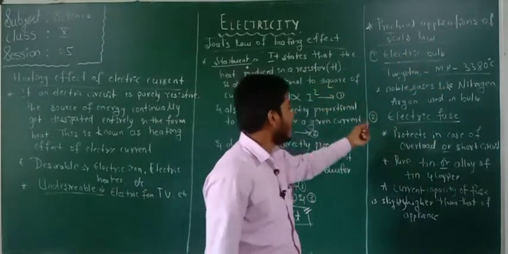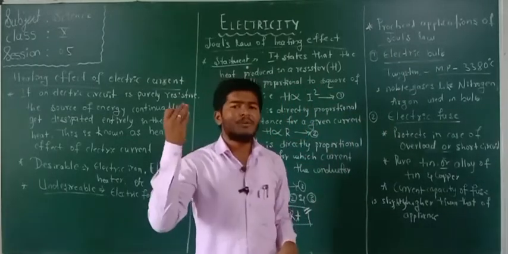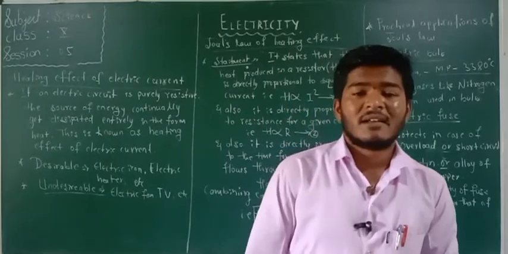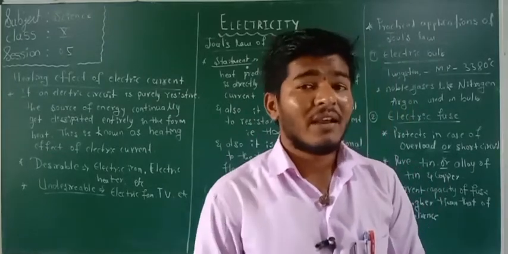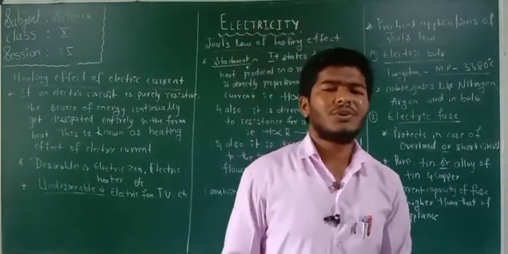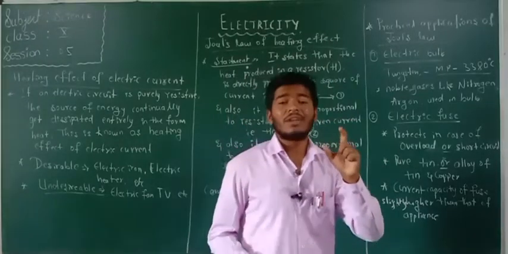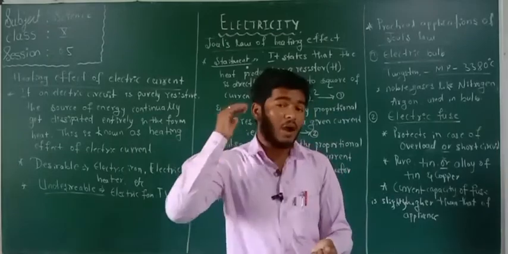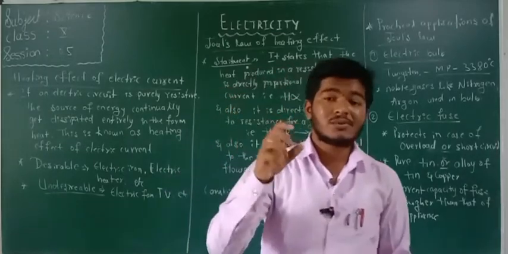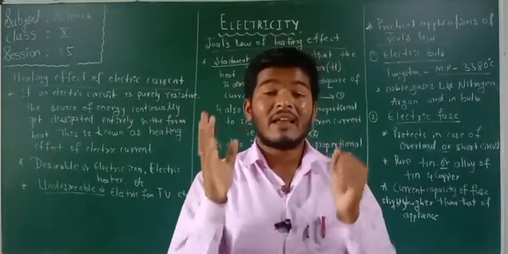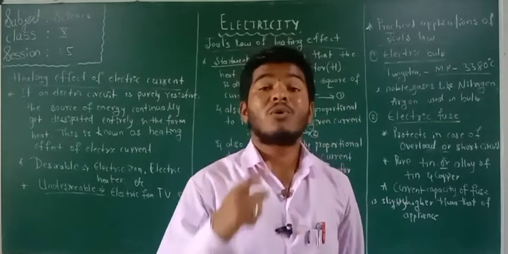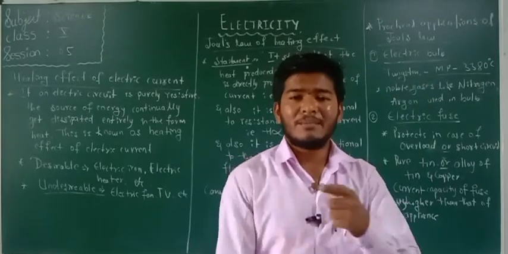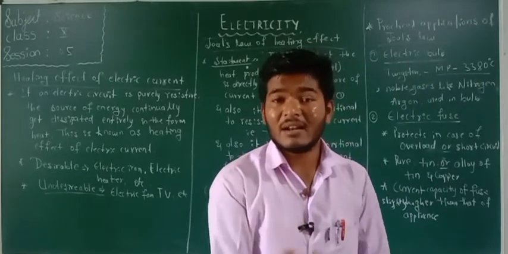And another one is the electric fuse. Also remember, in your home, in some electrical appliances like the electric iron and the electric water heater, they use some metals to heat the appliance. Which metals do they use? Metals with a high melting point. Why? Because if the electric current increases, the heat produced by that conductor also increases.